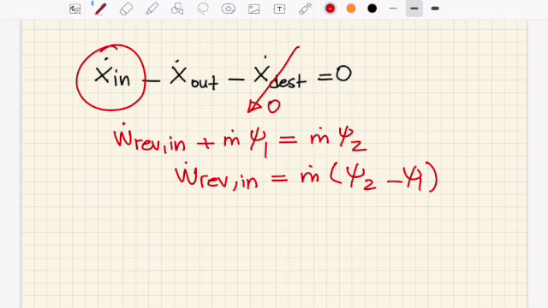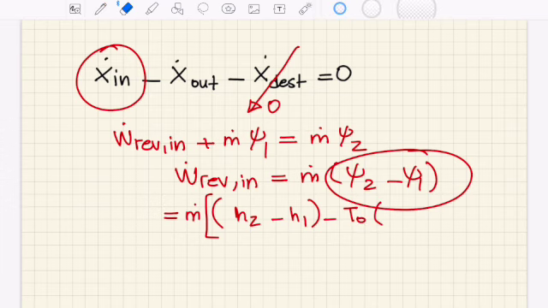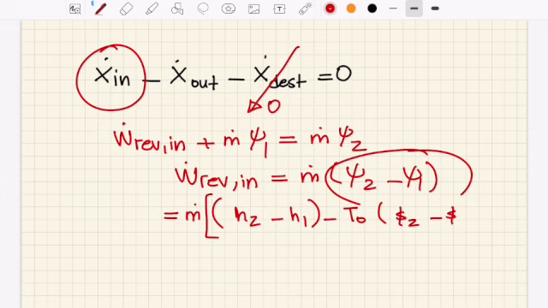In order for us to find the reversible power using this equation, we can also write a more explicit form, because we know the formula for the exergy difference for an open system is h2 minus h1 minus T naught times s2 minus s1.